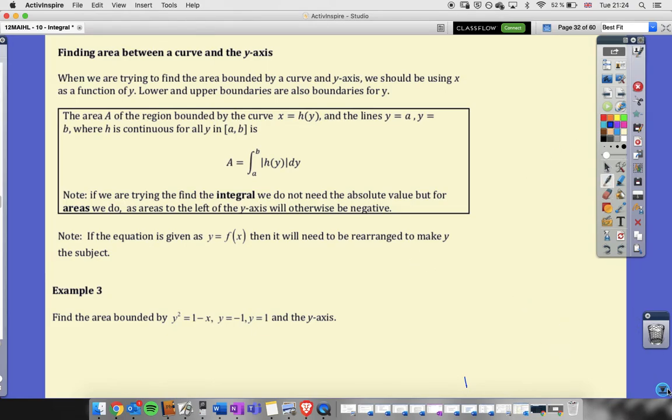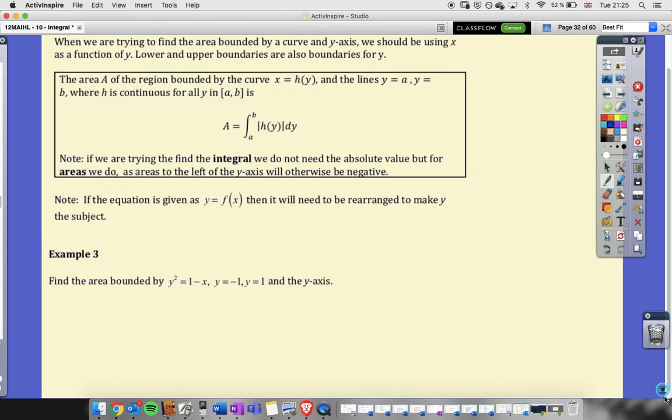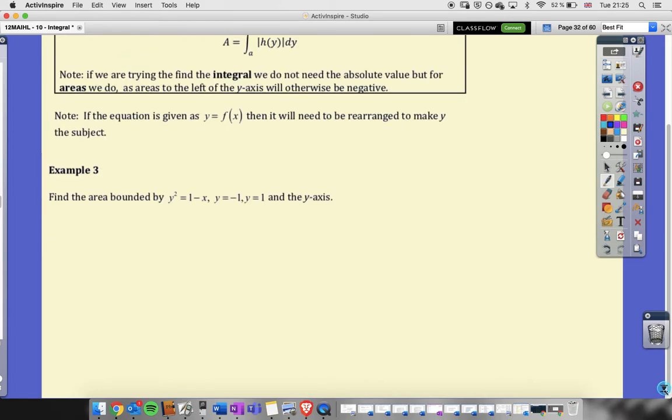So let's look at what that means. Let's take a look at this example. By all means, if you want to pause the video and read the notes, please feel free to do that. It's the advantage of a video, isn't it? Find the area bounded by this curve, these values, and the y-axis. So let's think about what's going on here, and how we're going to draw this.